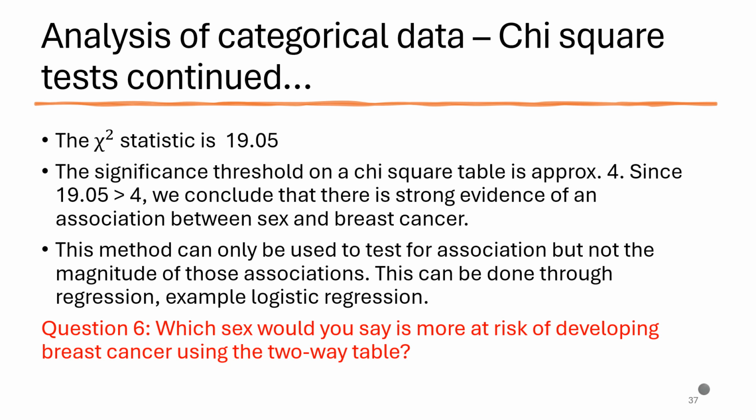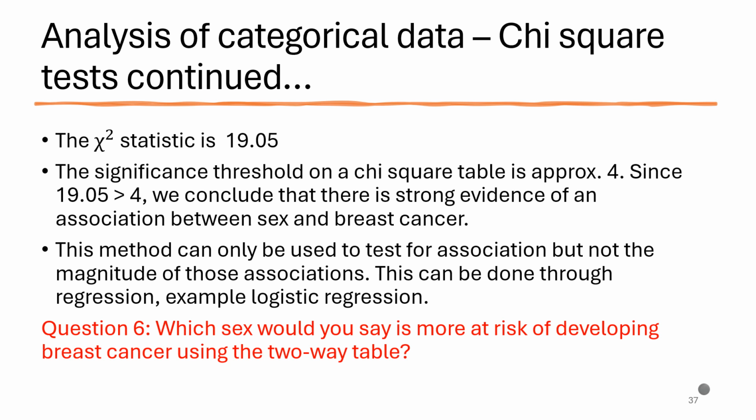Similar to when we had the normal distribution, there's a chi-square table that you could use. Now, for the chi-square table, the significance threshold at the 5% level is approximately 4. It's not exactly 4, it's like 3.8, right?